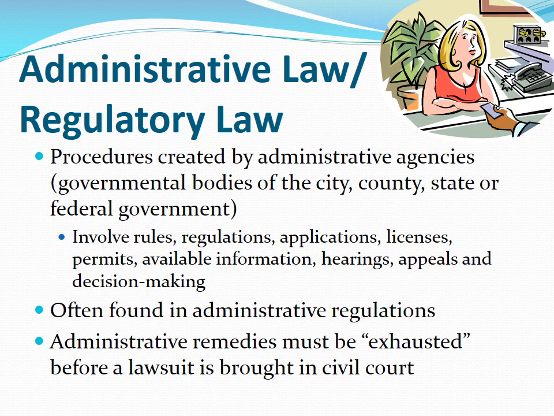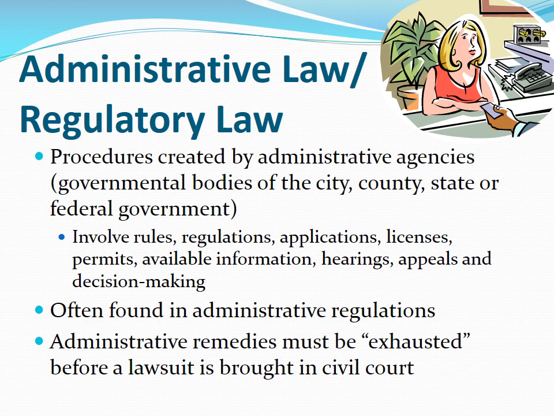For example, these would be the types of rules which govern the DMV in your local area. We often find these in administrative regulations, which say exactly how many minutes have to happen during an eye exam for the DMV, how much of the test needs to be completed, for example.